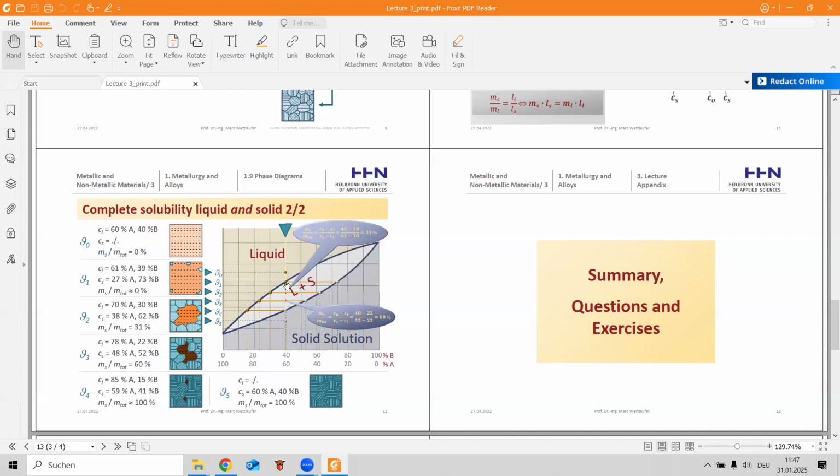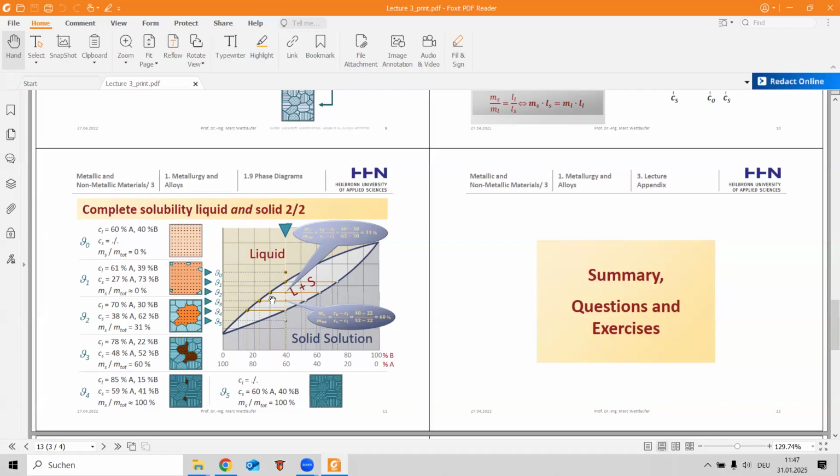Temperature 1, on the liquid side, we have a liquid concentration of 61% A and 39% B. Solid concentration is 27% A and 73% B. And mass of solid divided by total mass is around 0%.